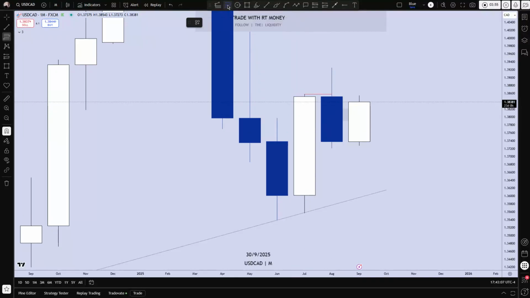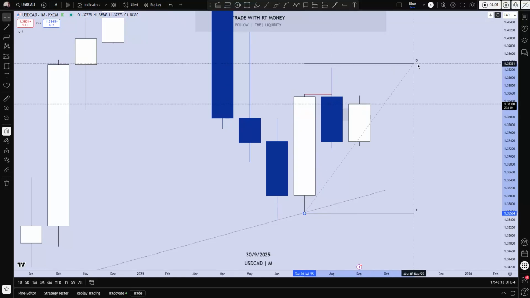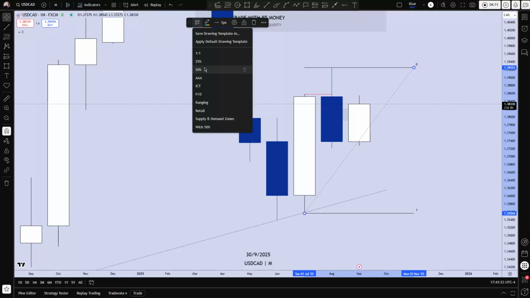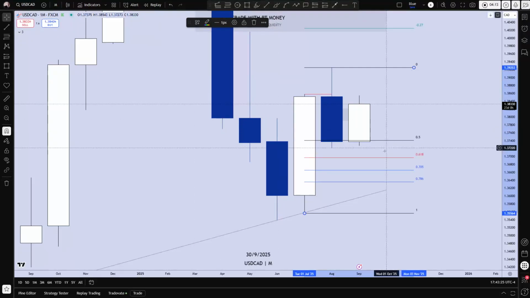I put the Fibonacci retracement on the range of the trading range that created that candle. This is the low, this is the high, the retracement, and what we're going to get is a landing spot.